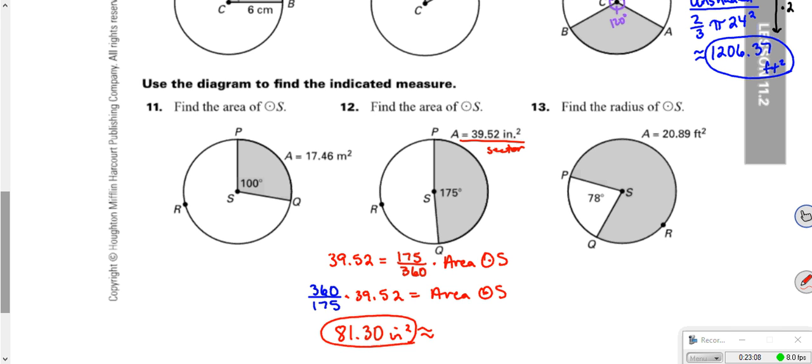Most of these we've been rounding to the hundredths, because that's what they told us in the front and that's what we did back on 11.1 as well. So why would I put 81.30 as opposed to 81.3? I would do that because if they're telling you to go to the hundredths, you need to list every place.